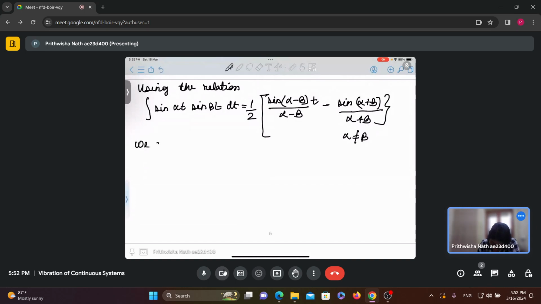We can use the above relation to simplify equation 5.